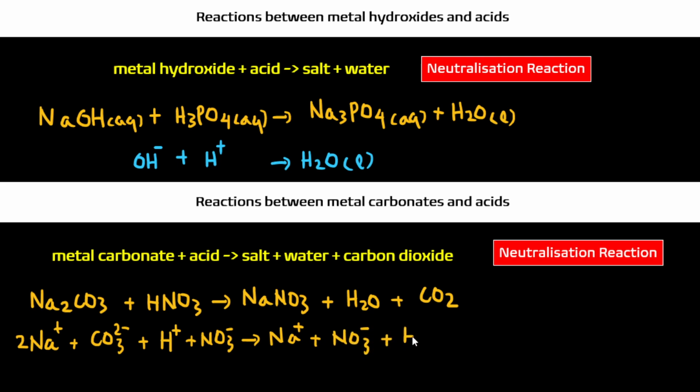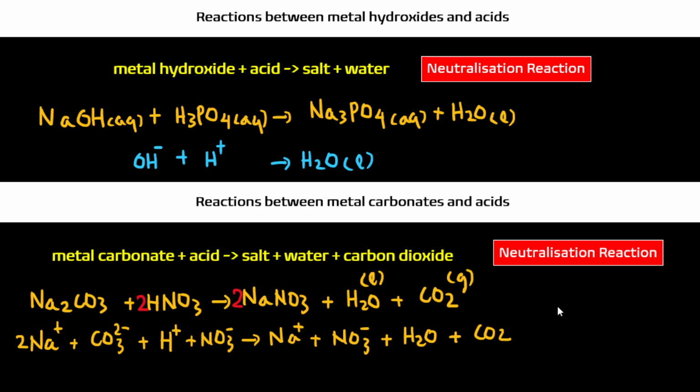And we would have H2O plus CO2, because water is a liquid and carbon dioxide is a gas. But we should balance the equation before writing our ionic, so I'm going to write it back. So for 2Na, we would have 2NaNO3, and since we have two pairs of NO3, we can multiply here as well. So let's see, Na2, Na2, CO3, C, and O. Alright, so we have a balanced equation here already.